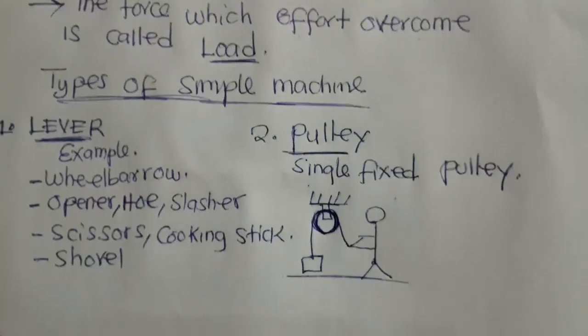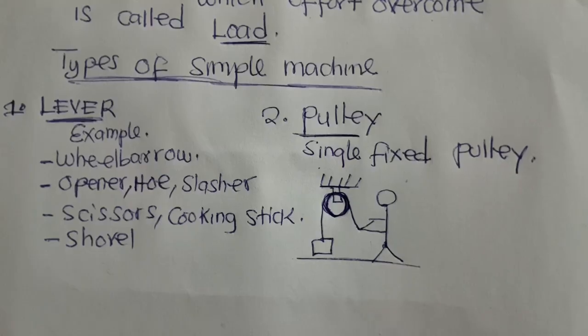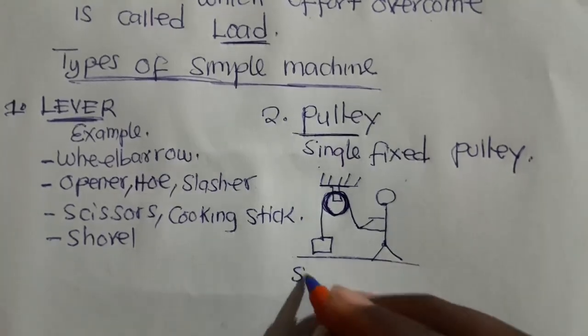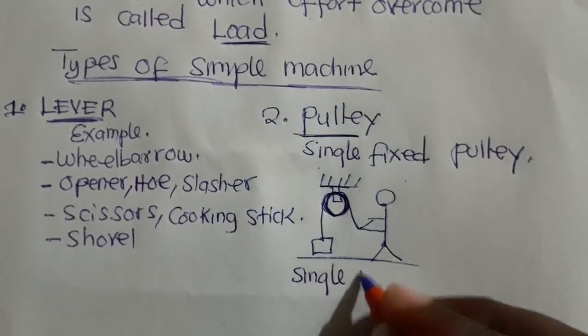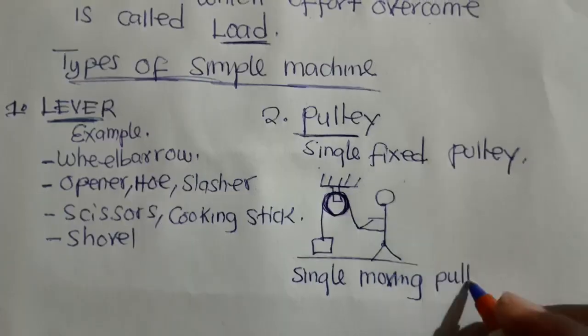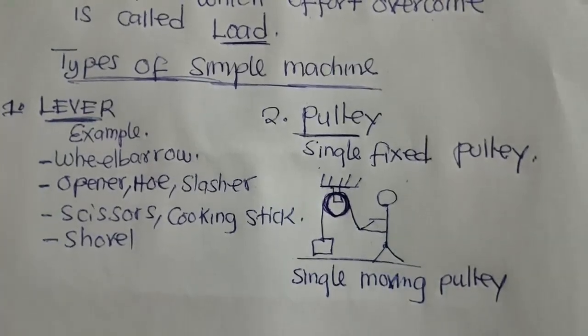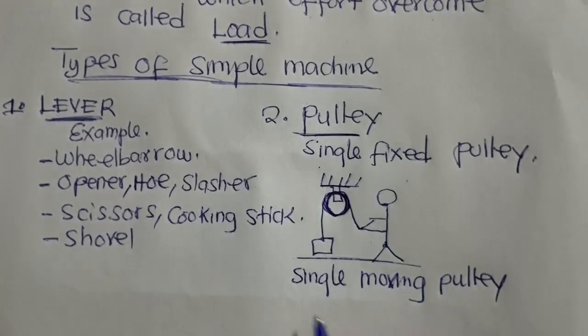Then we also have another type of pulley, which is called a single moving pulley. So this is a single fixed pulley, and this one, which is a single moving pulley, is moving.